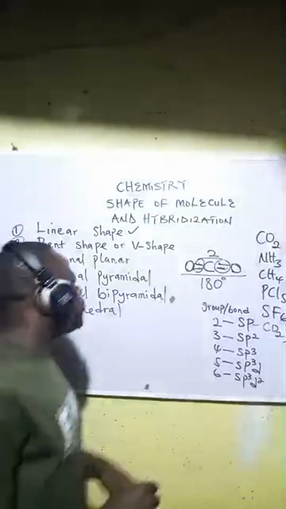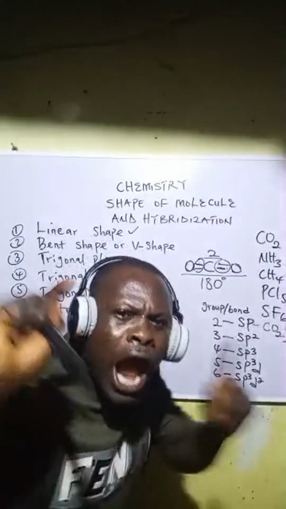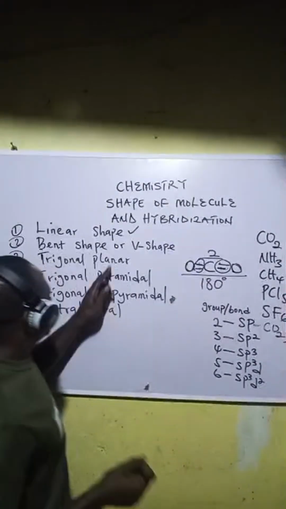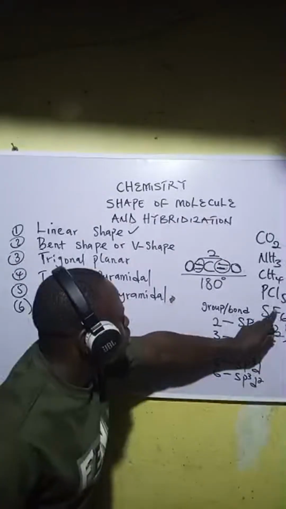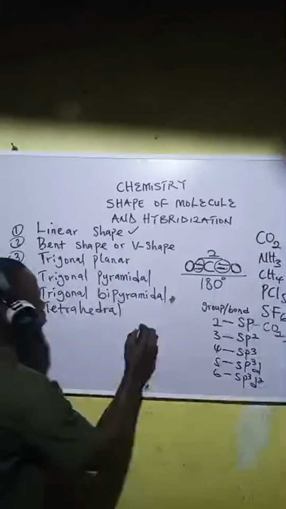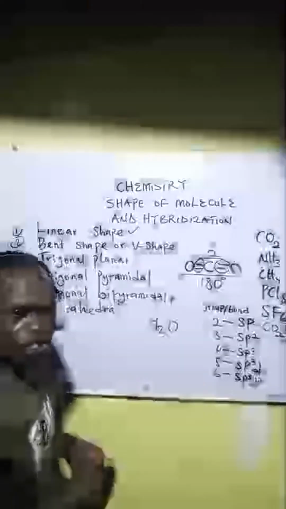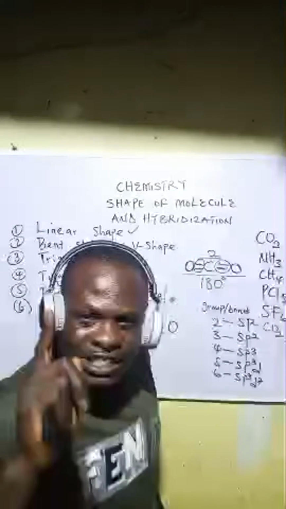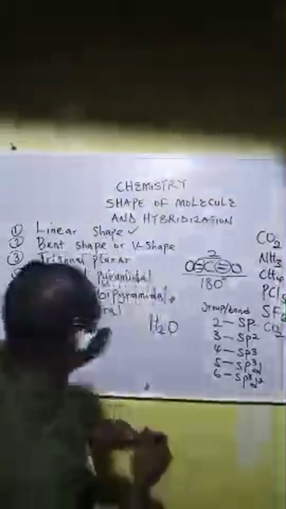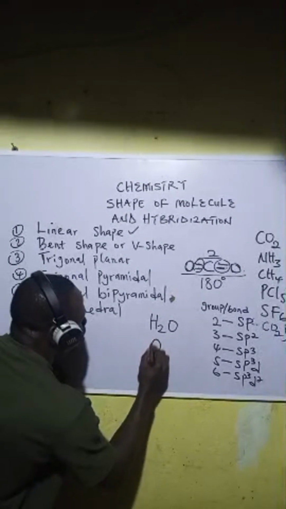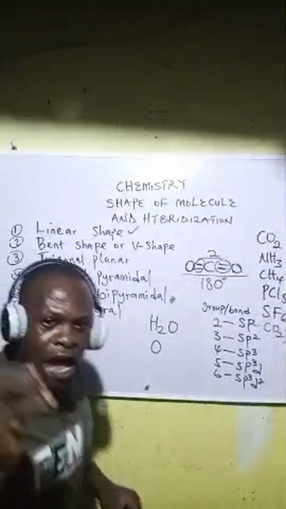Now, in the case of bend shape and V shape, what happened? Let's look at the case of water, H2O. Hydrogen and oxygen. The central atom here will be oxygen. Are you following?